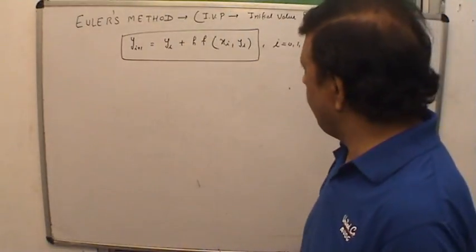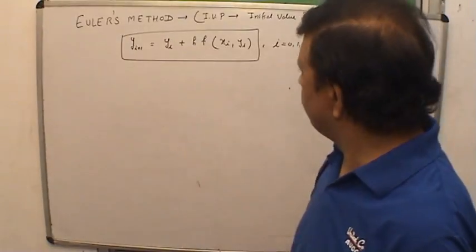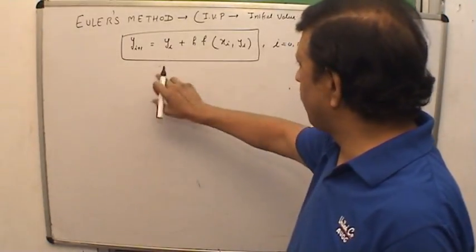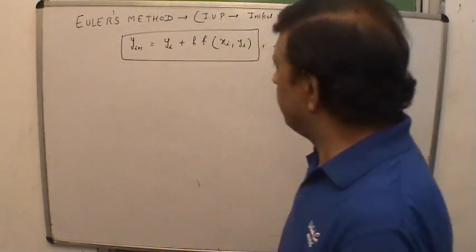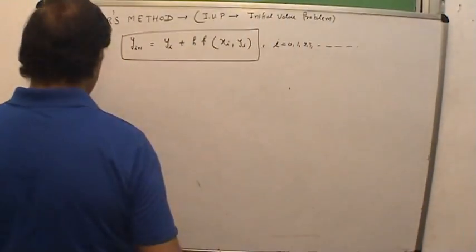Now we will discuss each parameter, who are y, h, x i and y i. Let us take an example.